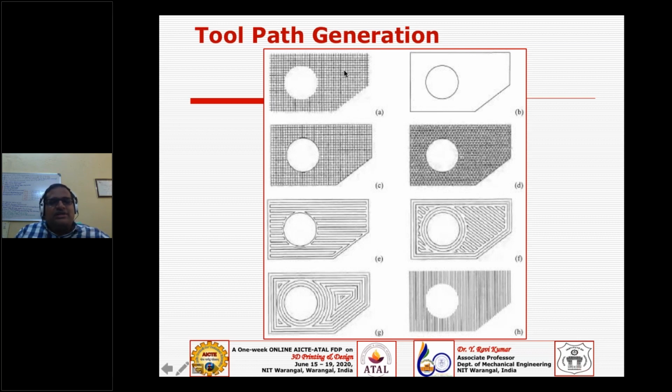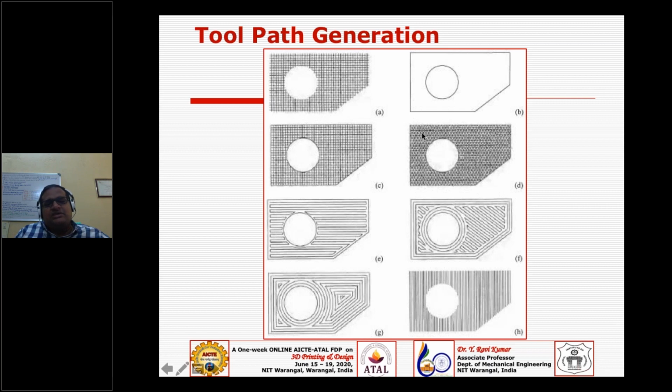If you have a more dense overlapped one, it may take longer time, right? So anyway, how to fill your boundary. You may go with simply horizontal, vertical, a combination of horizontal and vertical, or some inclination.